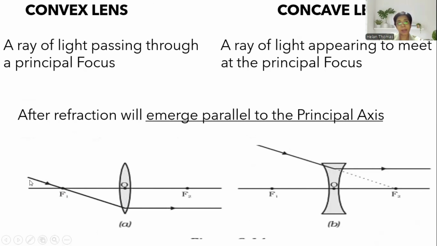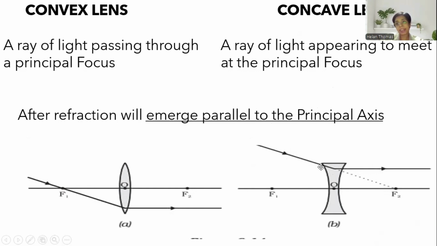See, this light ray passes through the focus of the convex lens, and after refraction, it will be parallel to the principal axis. In the case of a concave lens, a ray of light directed towards the principal focus will also emerge parallel to the principal axis.